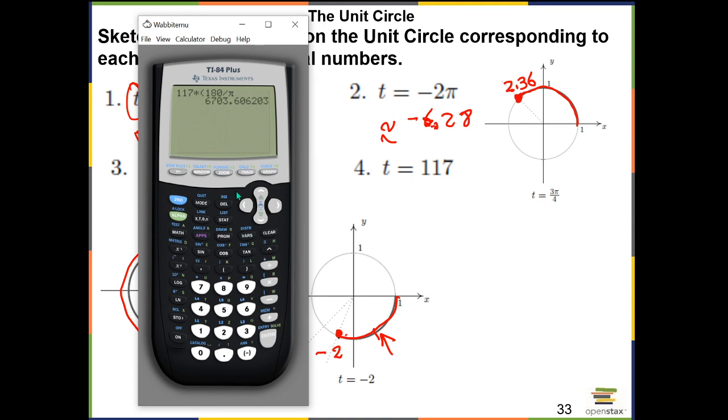Now, how many turns do I have to go in order to make that angle? Well, I divide by 360 to see how many 360 degrees are in it. There are 18. So I'm going to multiply 18 by 360, to see how many turns I have to take out of this. So I'm going to round it to 2 decimal places.